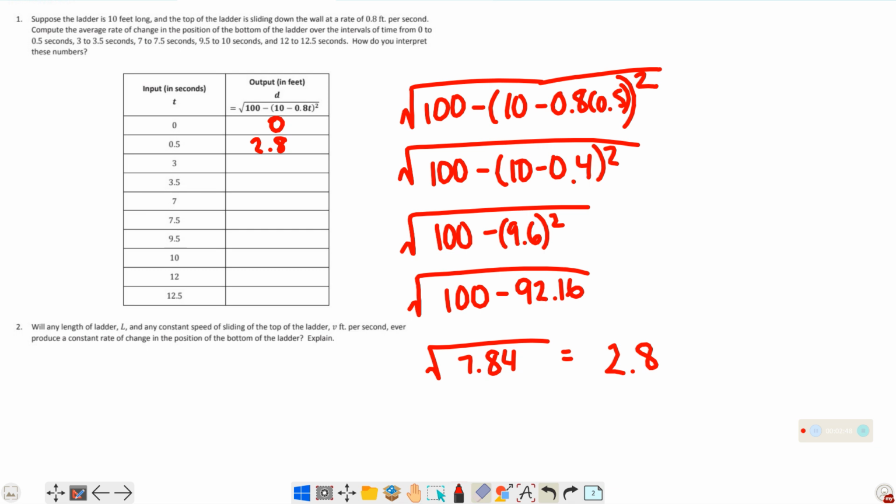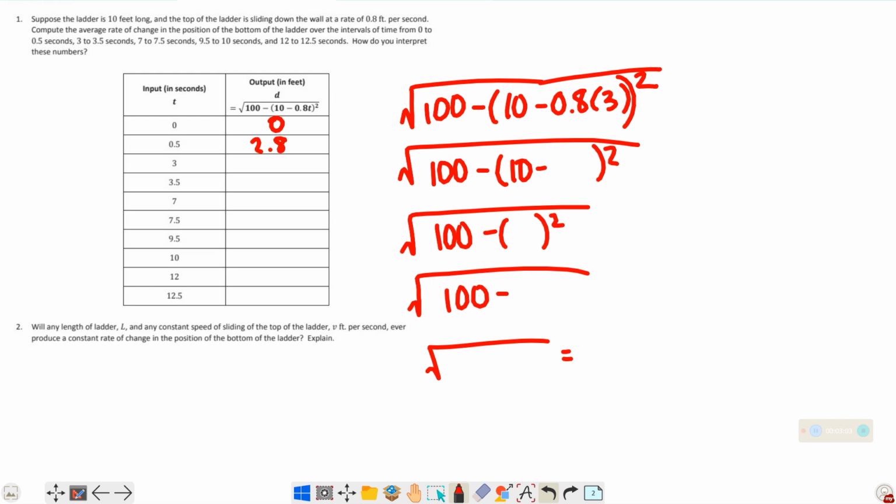Then we're going to change 0.5 out for a 3. 0.8 times 3.